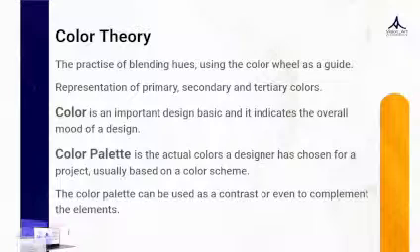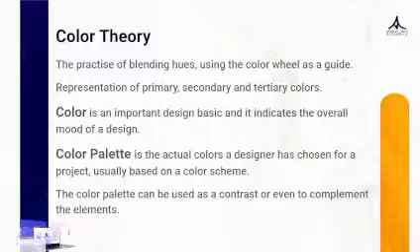Color is the practice of blending hues, using the color wheel as a guide, trying to blend hues together. The color wheel is a representation of primary, secondary, and tertiary colors.